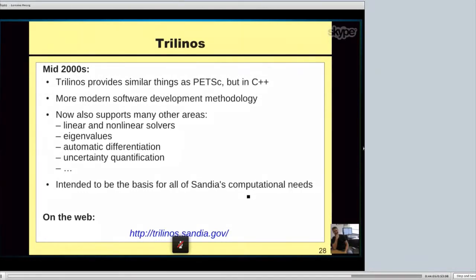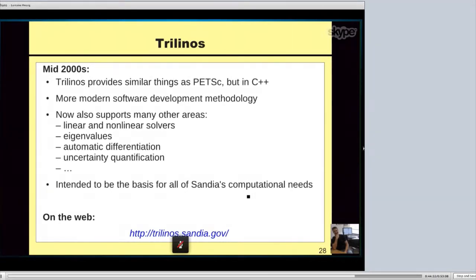Trilinos has grown into many different other directions, just like PETSc, but it is even broader. So for example, Trilinos doesn't just have linear and nonlinear solvers, it also has, of course, eigenvalues, but then it has things like automatic differentiation, and it has uncertainty quantification, and you can come up with practically anything in computational science that would be represented in Trilinos. And as a matter of fact, Trilinos is intended to be the basis for every computational need that Sandia has.